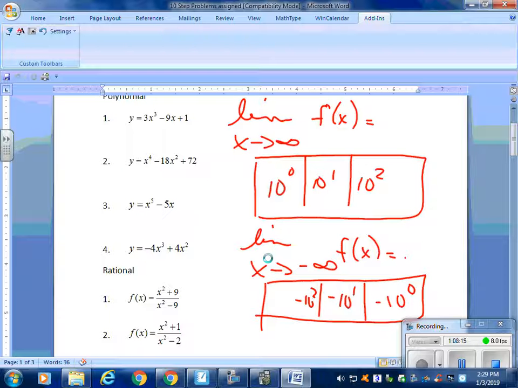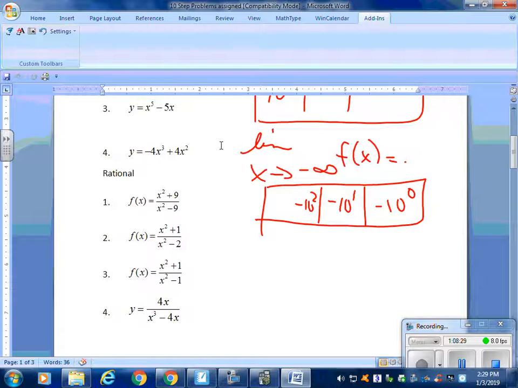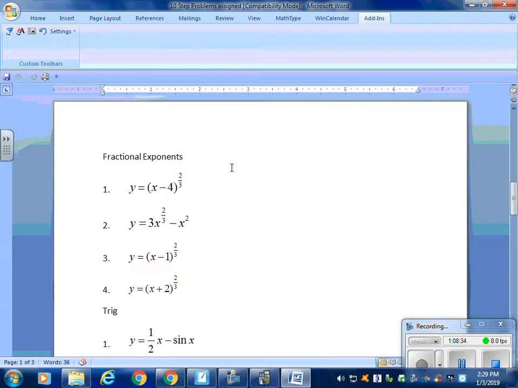You're going to do a table for polynomial. Now for rational, you're going to do the x stuff with algebra. You're going to pick your highest power, put it under all of them, do the math. Because that's what rationals do. And then with the fractional one, do a table.